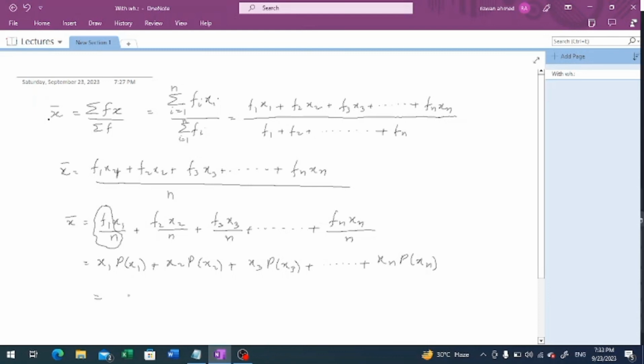And finally, we can write this summation as xi times p of xi, where again i goes from 1 to n.